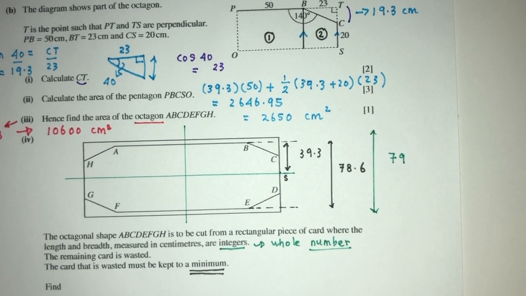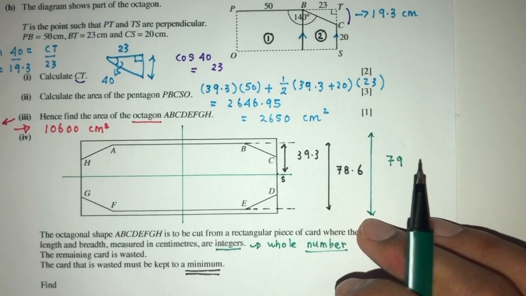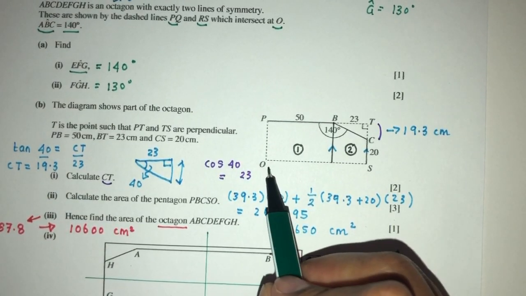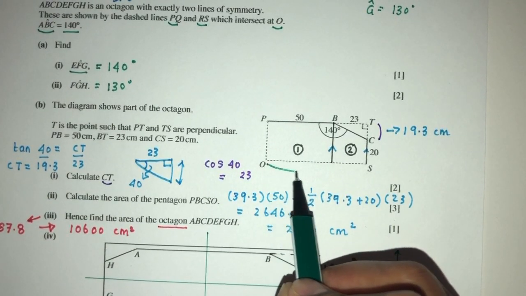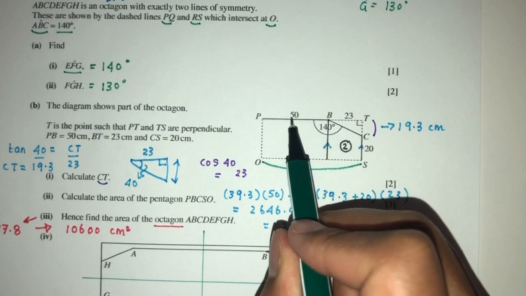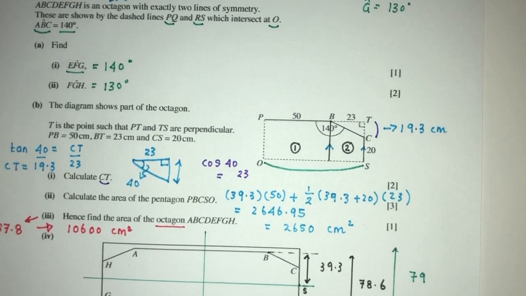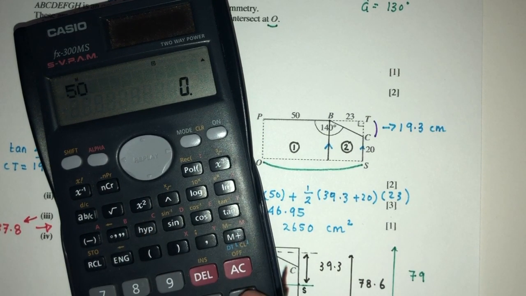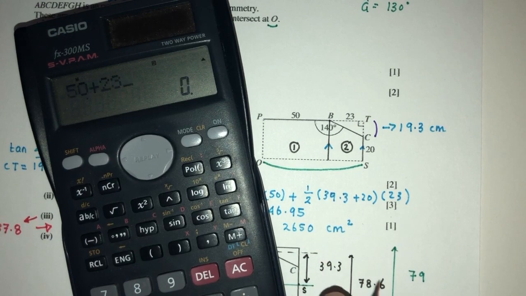Now, using the same understanding, let's proceed for this length. We can see that the length we are expecting will be 50 plus 23, that should be 73.